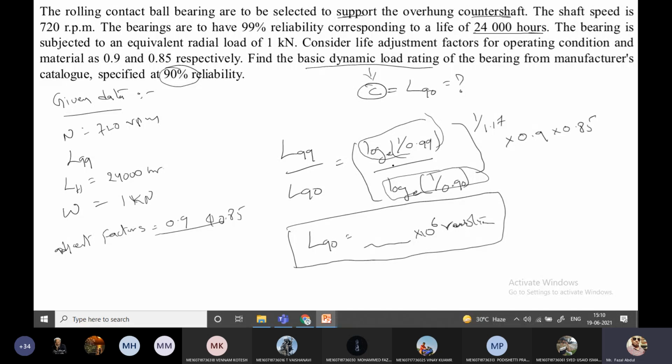Do it first. In the GATE examination also, such type of 2-mark question is given. What is the life of the bearing for 90% reliability? Up to here, if you calculate this value, you will simply get the 2 marks in the GATE examination.